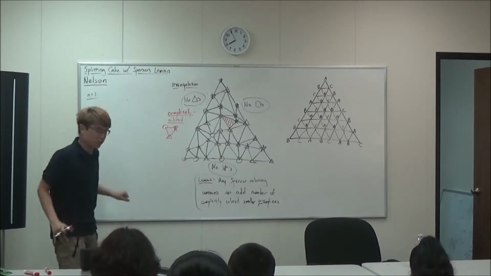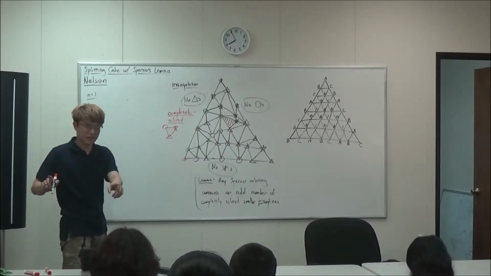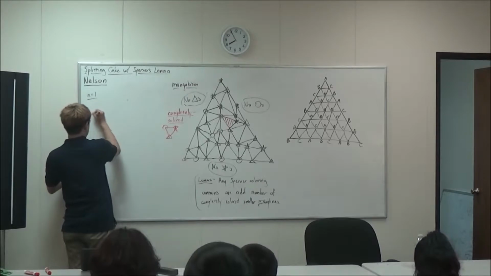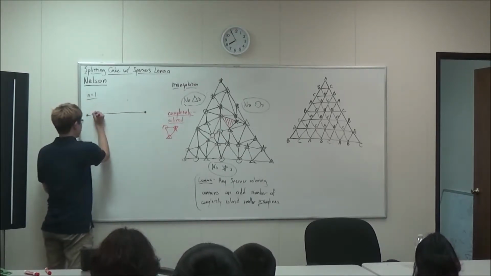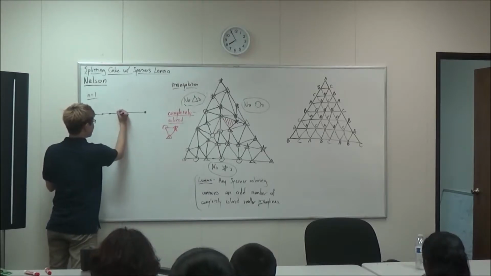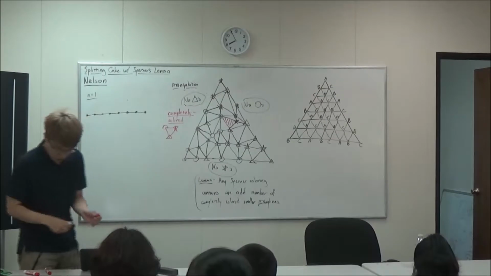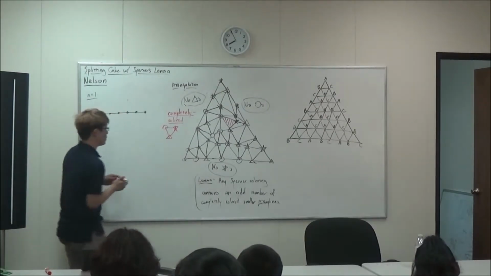So let's start with n equals 1. What's a 1-simplex? A line segment, right? So we have a line segment. How do we triangulate a line segment? Well, we have to break it up into a bunch of smaller line segments. And now we want to find a Sperner coloring.